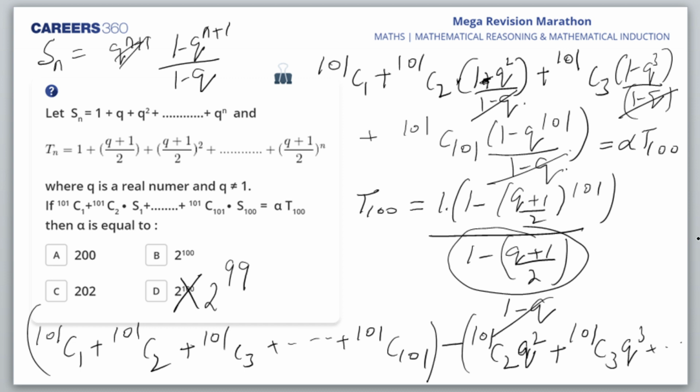Now I'll make use of the next slide. Please see it carefully. Now, the left hand side will become what? Left hand side would be 2 raised to power 101 minus 1. Am I right?